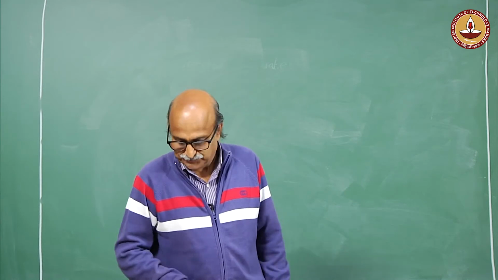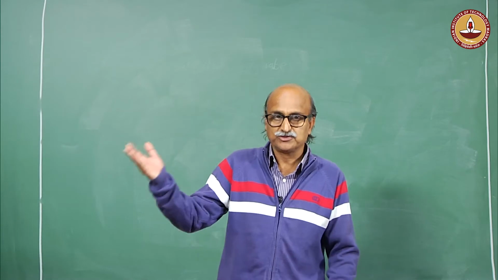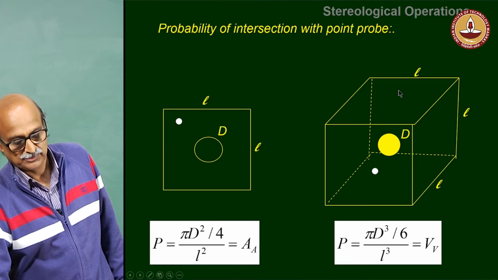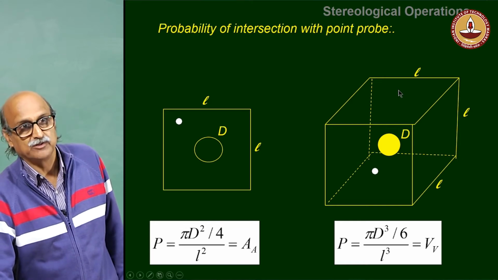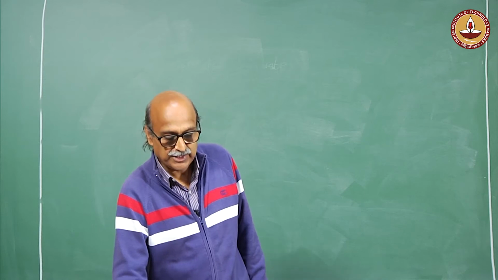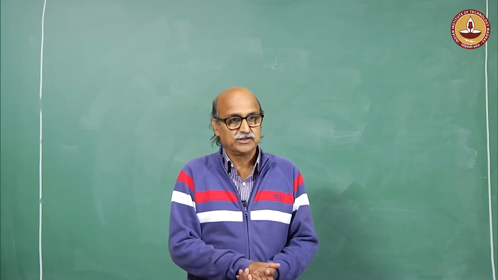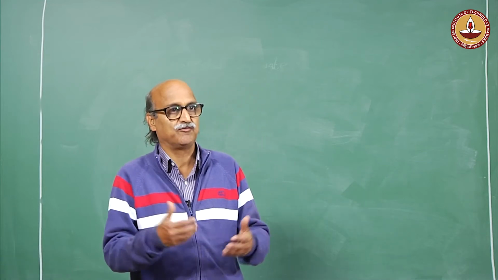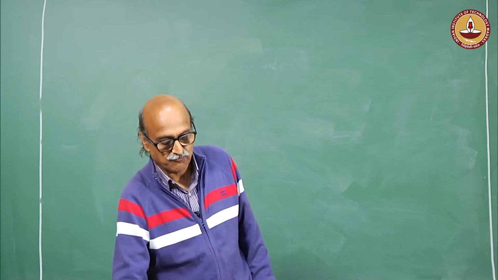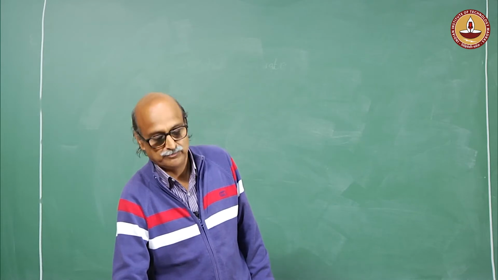Now, we can extend this idea from 2 dimensions to 3 dimensions, where now I have a spherical object in a cubic volume of L into L into L, and if I drop a point randomly in this cubic volume, the probability that this point will fall inside the spherical object of diameter d is simply the volume of the object divided by the total volume of the cube.